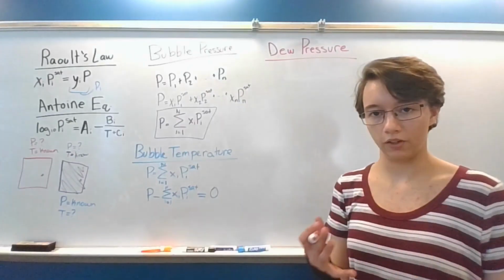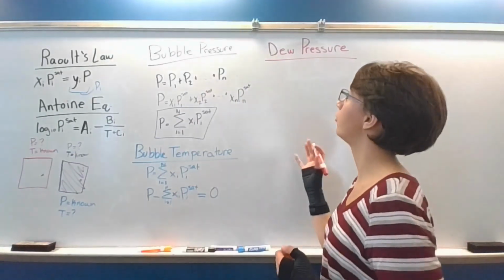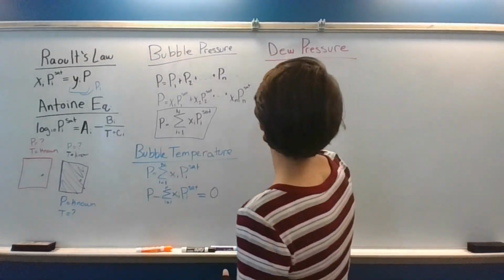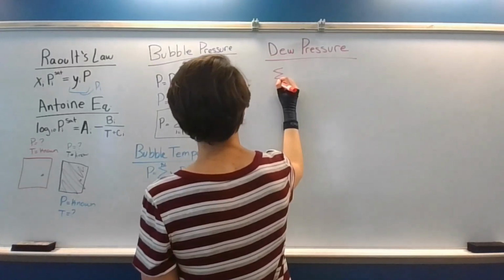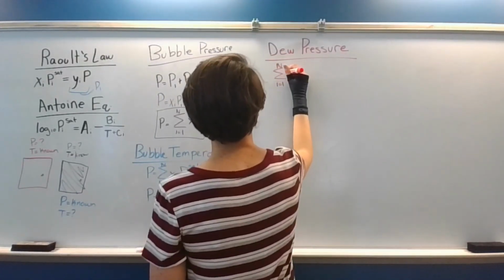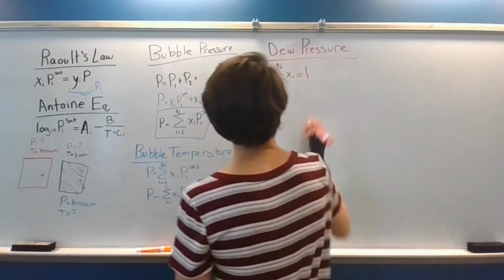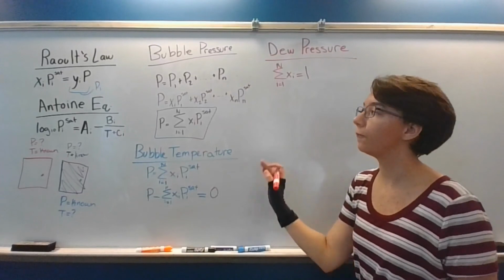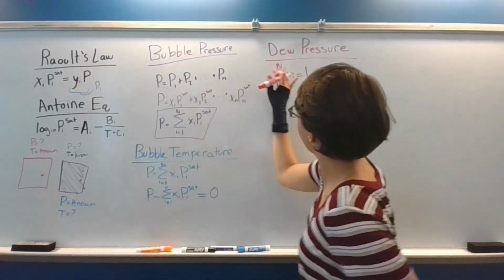This is a pretty simple concept, but it's important to remember for the dew pressure. So we can write that out: the sum from component 1 to n of the mole fraction in the liquid phase is going to be equal to 1. And then we can rearrange Raoult's law to plug into here.